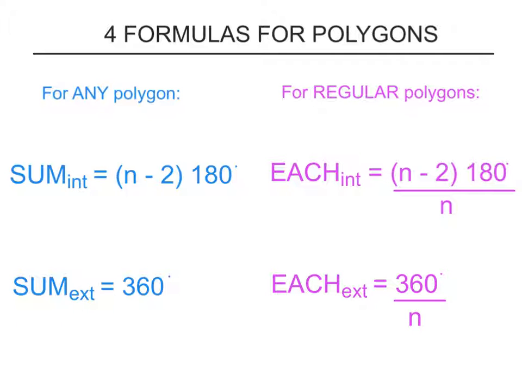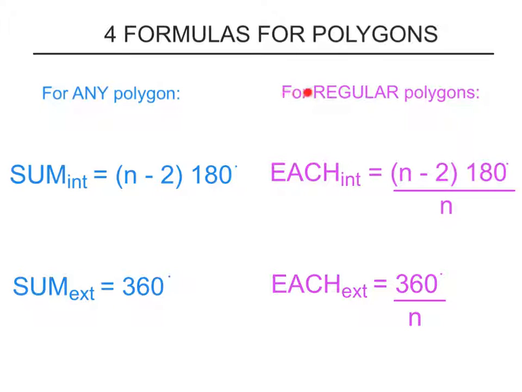Okay, so to wrap it all up, thanks again for staying with me. Any polygon out there, 3 sides, 10 sides, 100 sides, you can find the sum of the interior angles by using the formula n minus 2 times 180. And you can find the sum of the exterior angles, it's just a fact, it's 360 degrees every time.